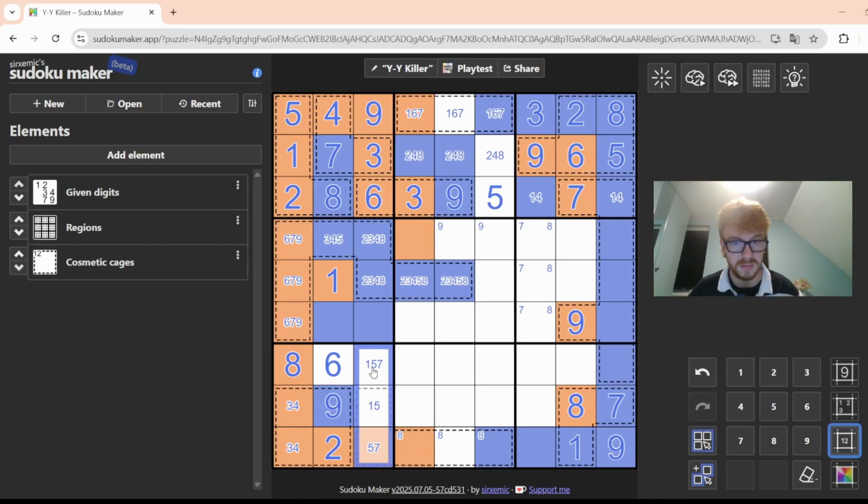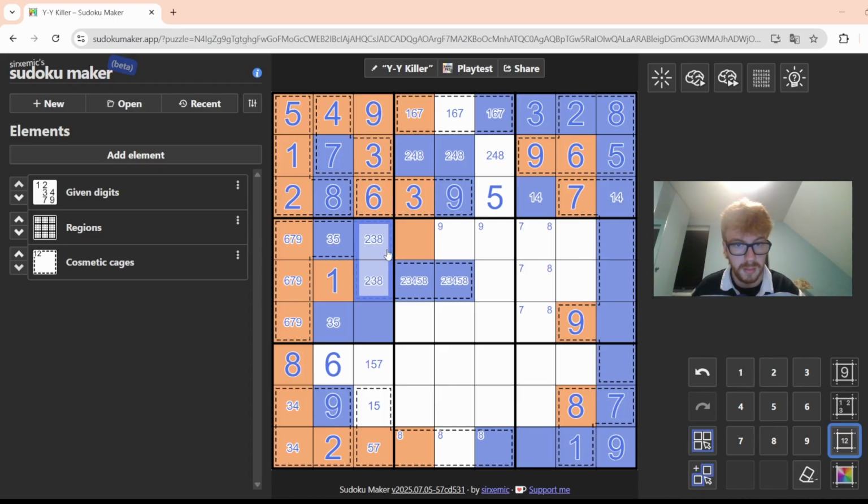Let's see, 1, 5, 7. So this is either 3, 4, or 5. In fact, with this cage here, this is now a 3, 5 pair. So this is not 3s.